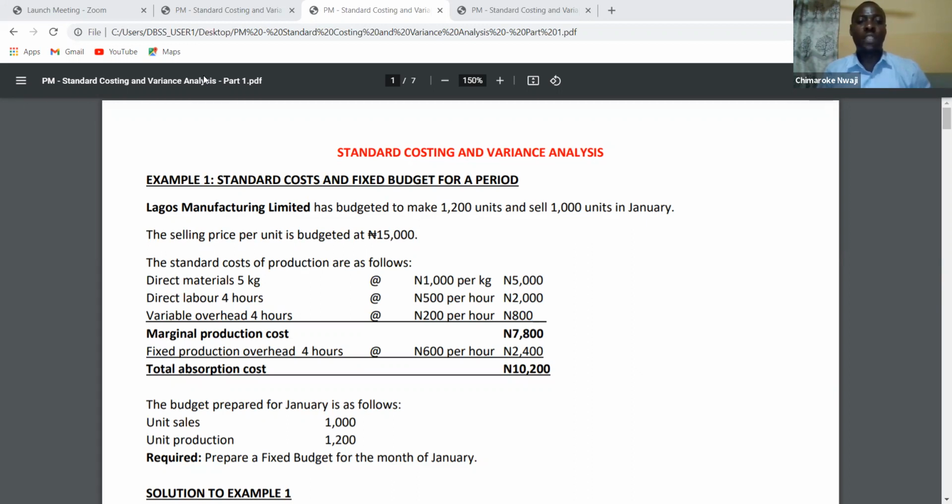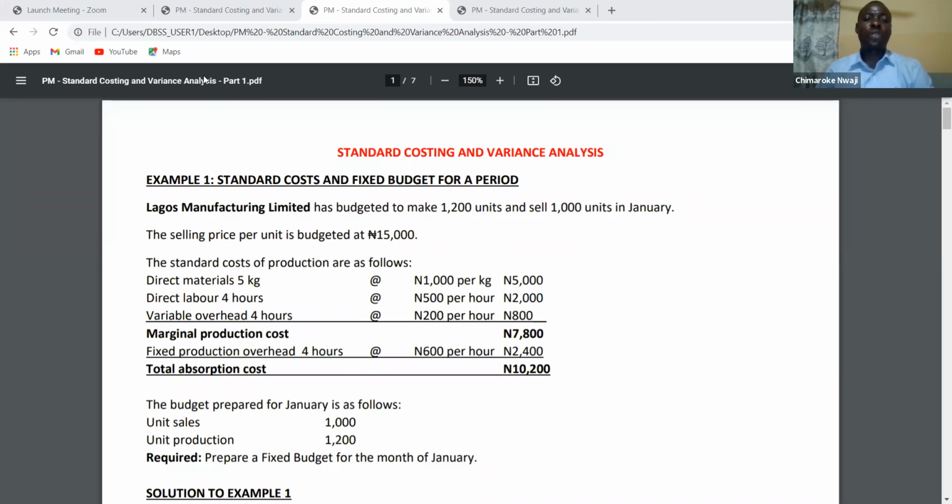That is the standard quantity. Then how much do you buy 1 kilogram of materials? That's the standard price. So when you multiply the standard quantity with the standard price, you get the standard material costs.